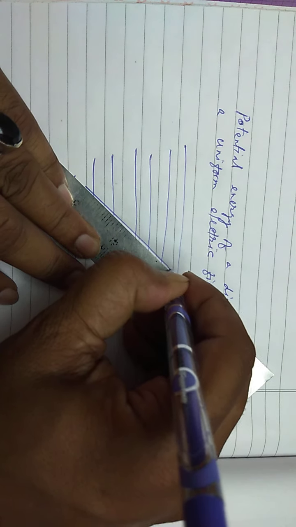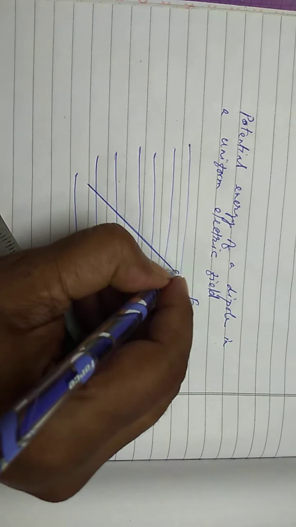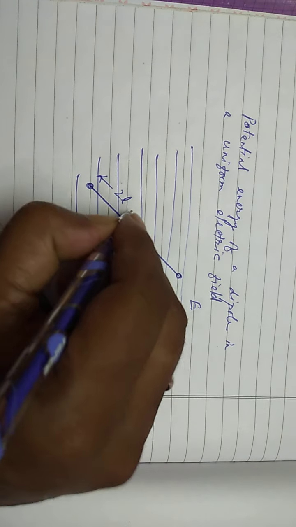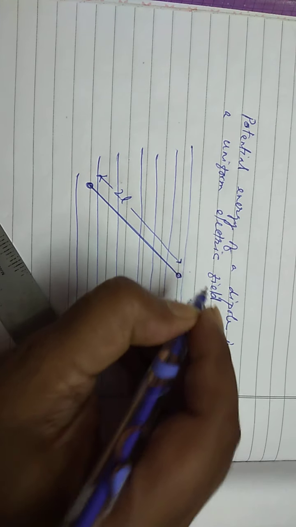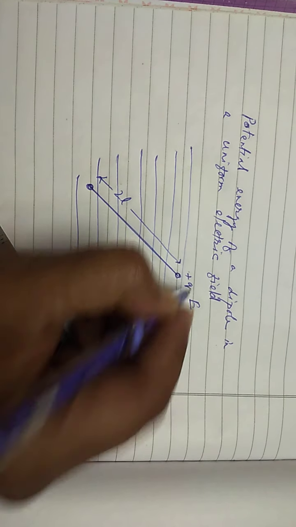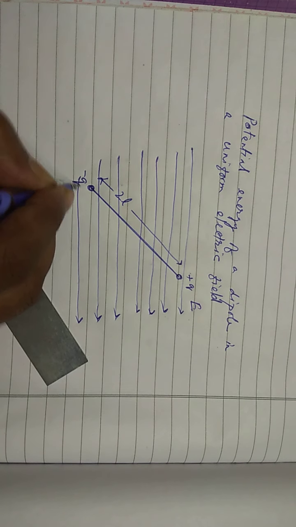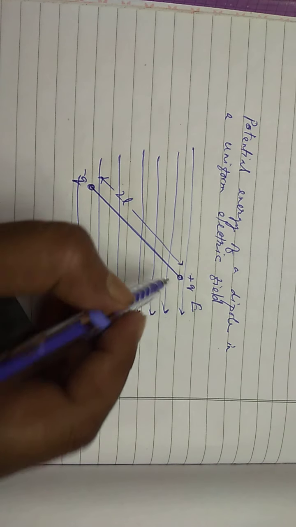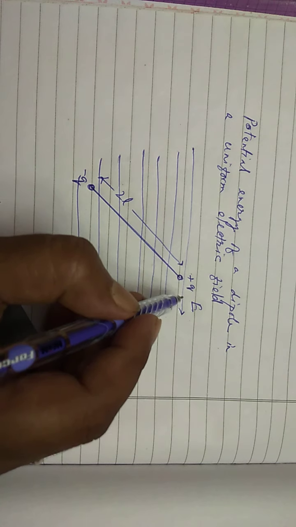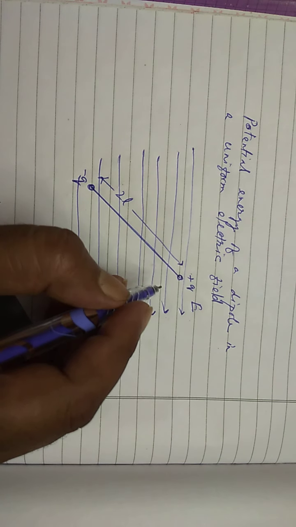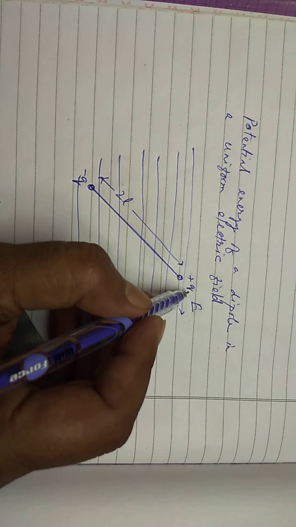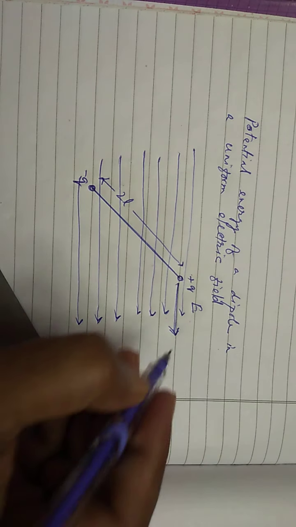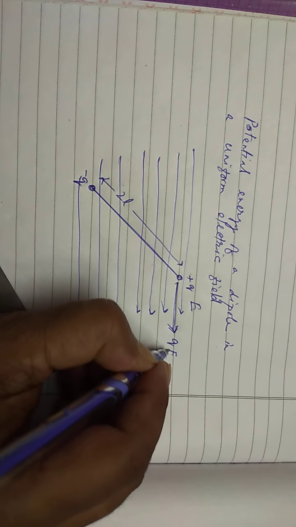The length of this dipole is 2L, and this end has charge plus Q and this end has charge minus Q. When a positive or a negative charge is kept in an electric field, a force will act. For the positive charge, the force acts in the direction of the field, and the force is QE.